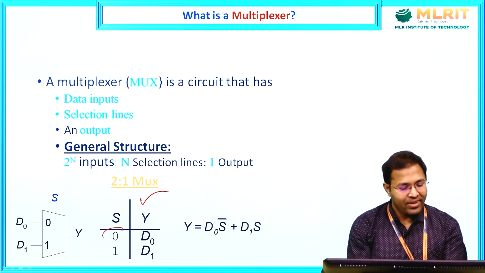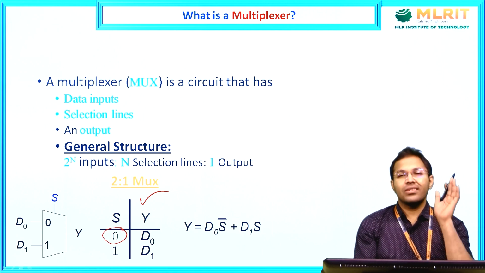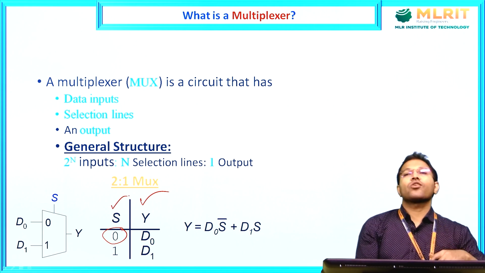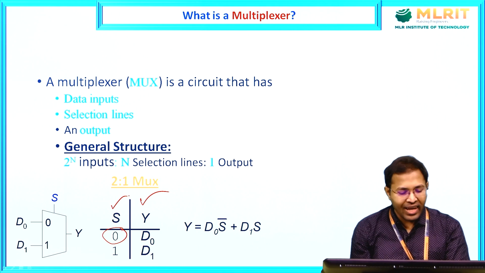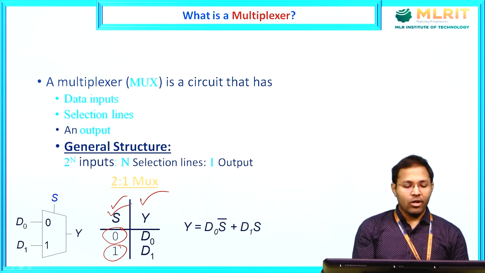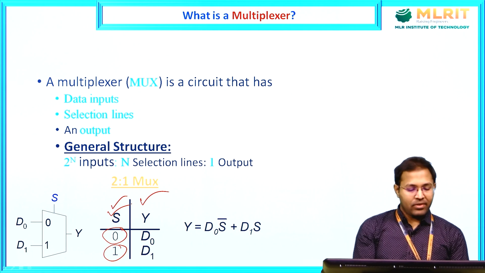The trick is this: if you have 0, you take the variable in its complement form. If you have 1, you take the variable in its true form. Complement form means when you have S, you take S bar. True form means if you have S, you take S.